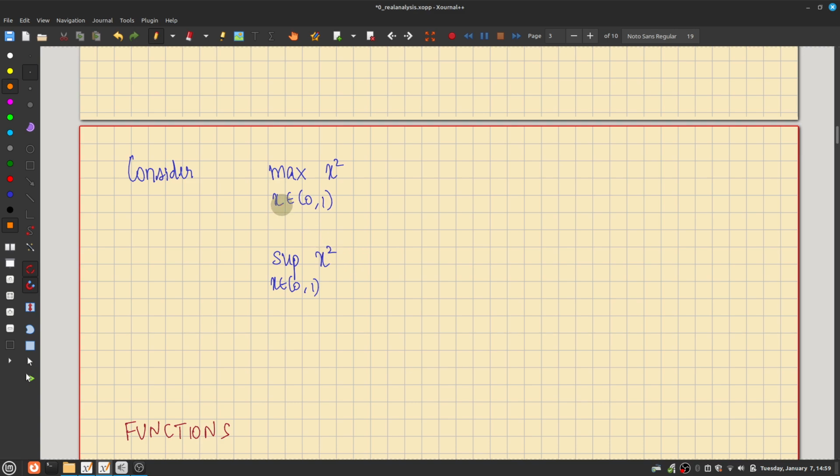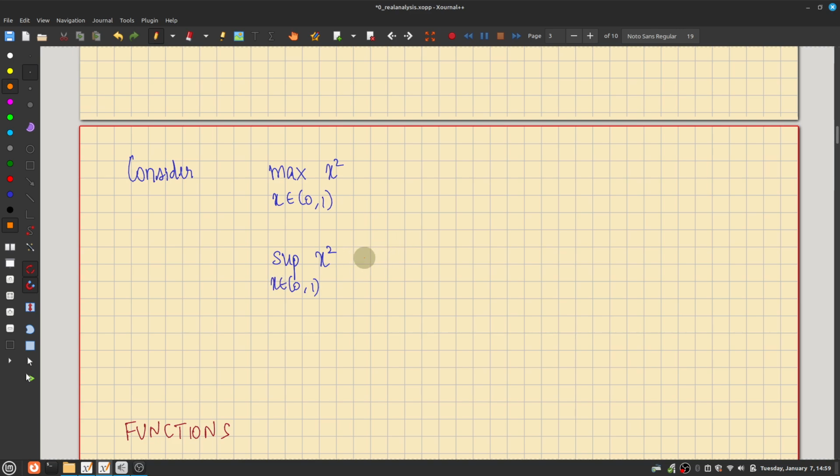Now suppose that I have this problem where I want to maximize x squared such that x lies within the open interval 0 to 1. Does the maximum exist? No, right? On the other hand, the supremum of x squared such that x lies within the open interval from 0 to 1 does exist.